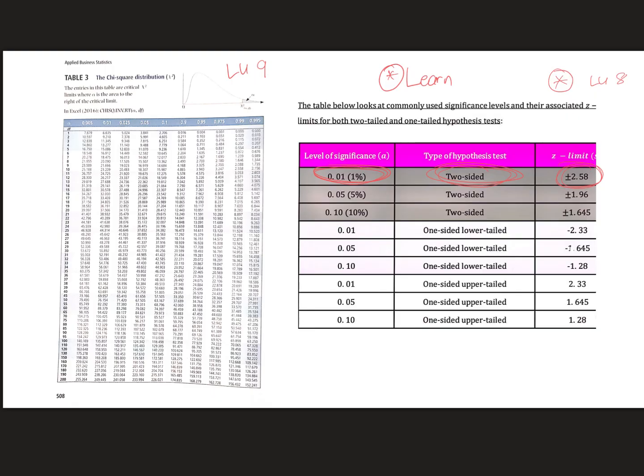So these are all of the tables that you will need. Table 1, 2, and 3 are the statistical tables that will be included in your formula sheet or at the end of your paper. But the table on the right-hand side here, you will need to learn if learning unit 8 is an option.